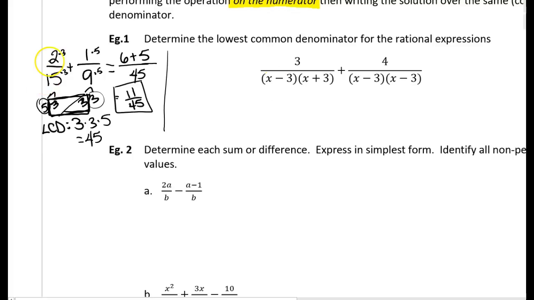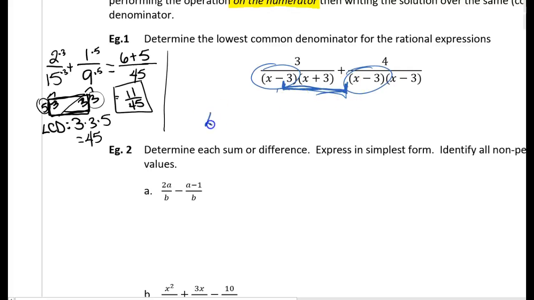Bearing that in mind, when we look at a rational expression with variables present, we need to do the same thing. In this particular case, we have x minus 3 showing up once in both of them. So I'm only going to write it once to represent both of these pieces, once from each fraction.